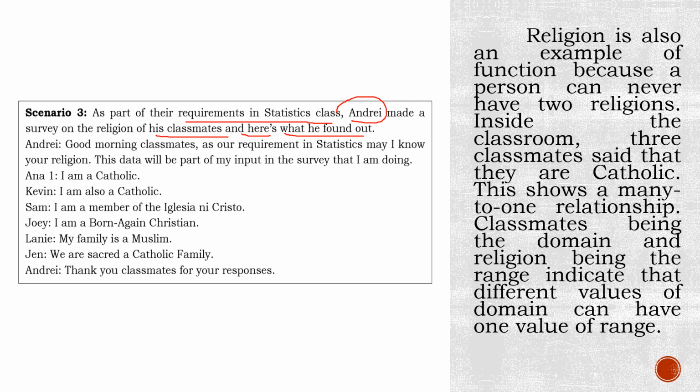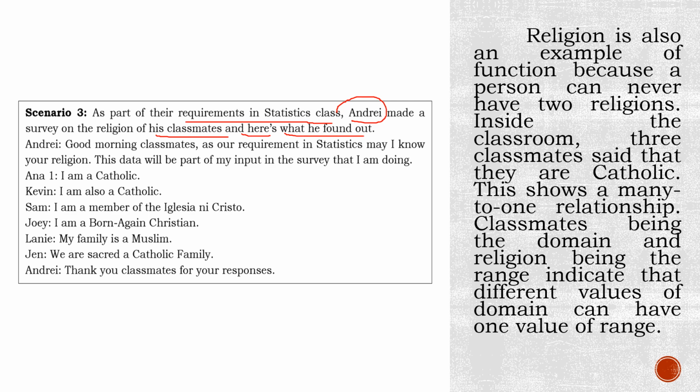Anna said, I am a Catholic. Kevin, I am also a Catholic. Sam, I am a member of the Iglesia ni Cristo. Joey, I am a born-again Christian. Lani said, my family is Muslim. Jen said, we are a Catholic family.